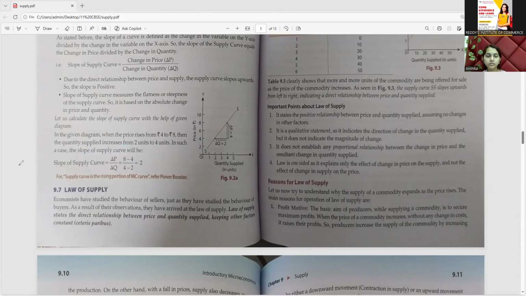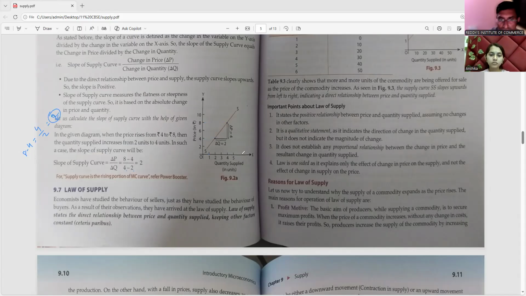Now let's see how. Here is quantity 1, 2, 3, 4, and price 8, 4. Now look here: 8 minus 4 is equal to 4, over 4 minus 2. If you divide, 4 by 2 comes to 2. Equal? So your answer will be 2.